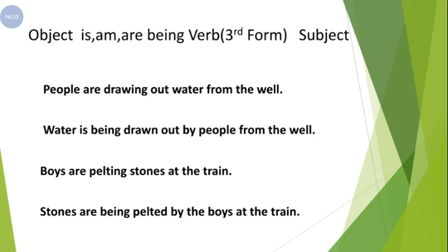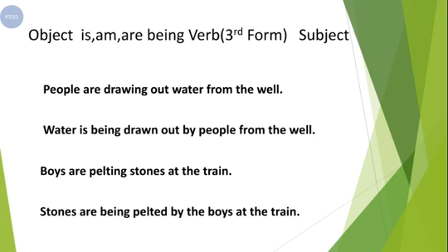Now if you want to change it into passive voice, so first you are supposed to write the object. So first you will write water. After the object you are supposed to write the helping verb. It must be according to the object. So water is singular, that's why you will use is. After is you will use being, and then you are supposed to use third form of the verb.